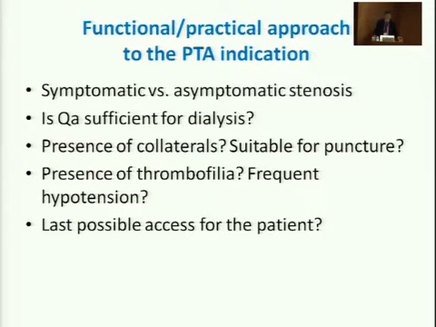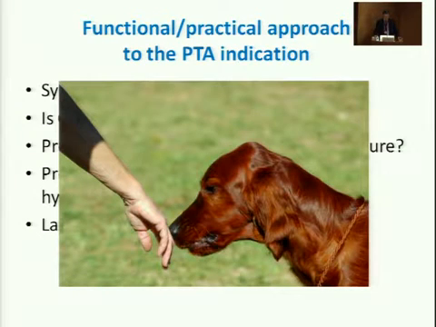If there are collaterals, and if yes, whether they can be used in the future for punctures or not. If the patient suffers from thrombophilia, frequent hypotension, if it is the last possible access for the patient, or something else. And sometimes it is only clinical feeling or maybe sniffing, what is the most appropriate treatment choice for the particular patient.